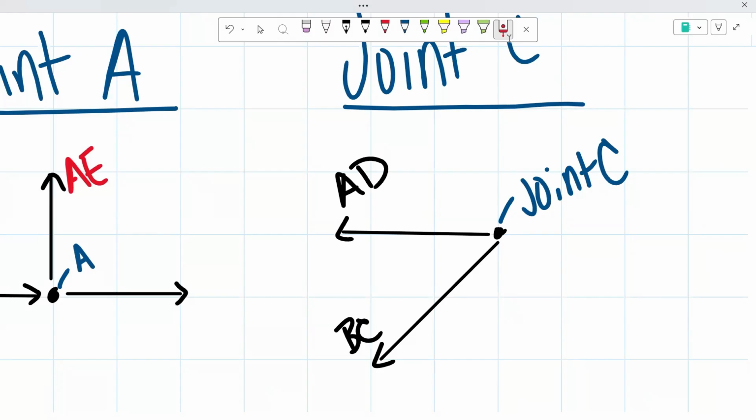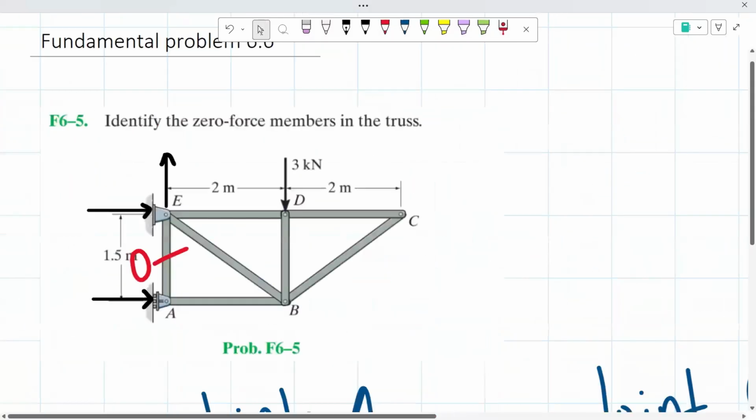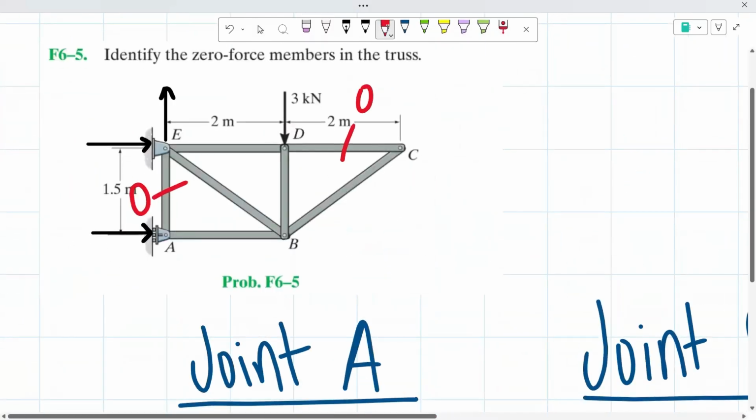They are not at 180 degrees, and there is no other support reaction. So that means that because it satisfies all of these criteria, both bars have a force of 0. So we know that both of these have a 0 force. So here we found another 0 force and another 0 force.